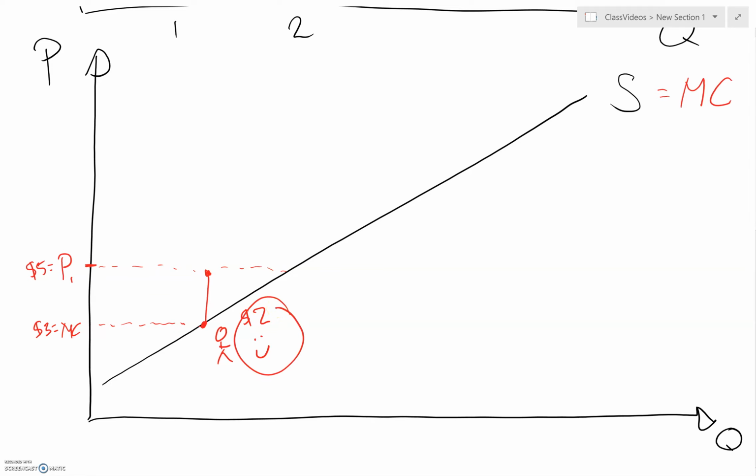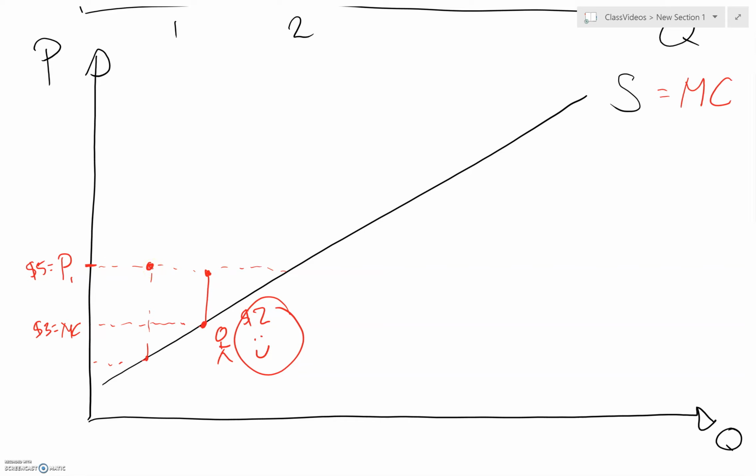The question is, how are we going to add up all of these benefits? The way we're going to do that is by noting that if we have another seller over here, they're going to have a different marginal cost and they're going to sell it for the same price in the market, because all sellers get the same price.